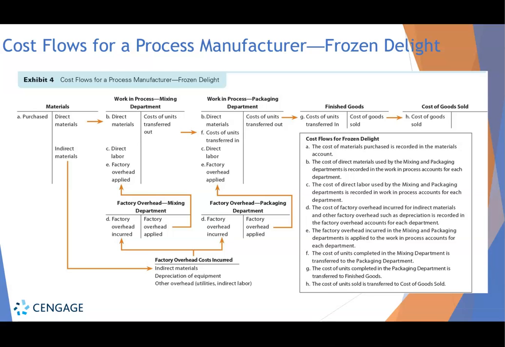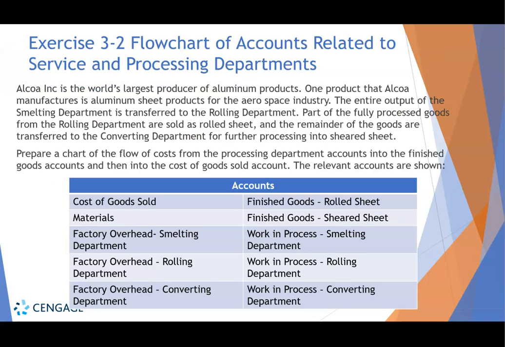So let's take a look at an example here. Exercise 3.2. Alcoa is the world's largest producer of aluminum products. One product that Alcoa manufactures is aluminum sheet products for the aerospace industry.